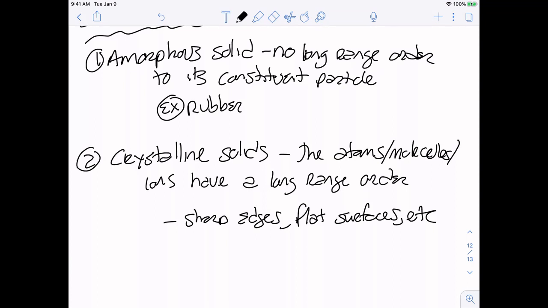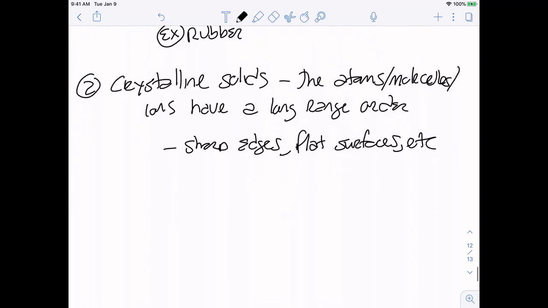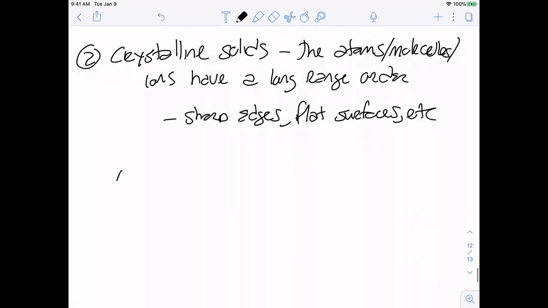Most solids are crystalline solids, and a few examples for us, or a few different types, so subtypes. Under crystalline, our first one is going to be an ionic solid. A lot of these are actually just as they sound. An ionic solid is composed of ions. Remember I said I wanted us to know what it's composed of.